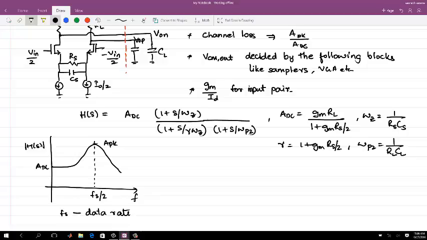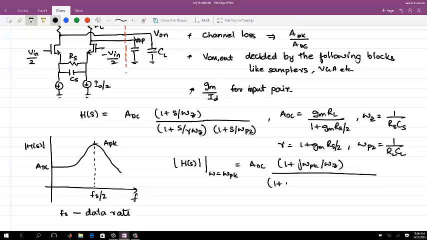That means I have H(s) evaluated at omega equals omega peak, which is 2 pi times Fs by 2, equal to A DC times (1 plus j omega peak by omega Z) over (1 plus j omega peak by gamma omega Z) and (1 plus j omega peak by omega P2), and magnitude of this. Here the left hand side you know, and you need to find the variables on the right hand side. That's the whole part.